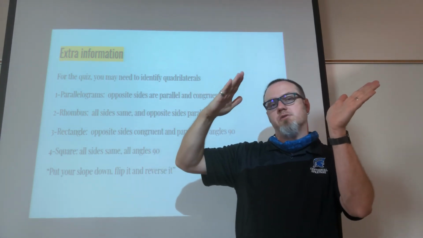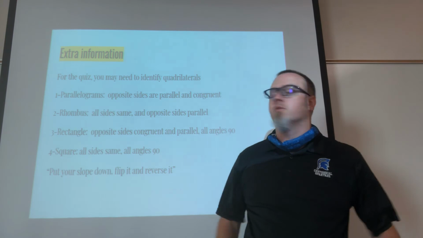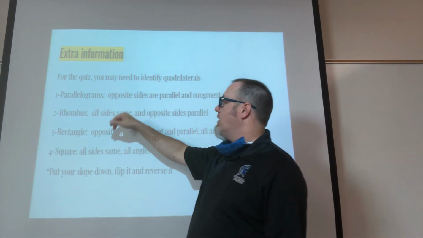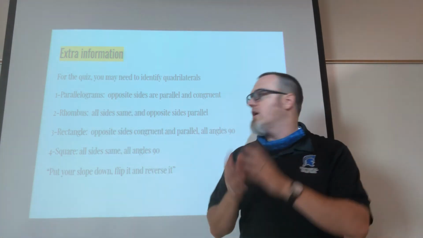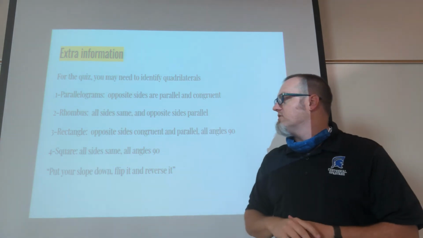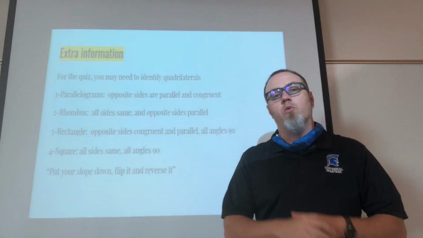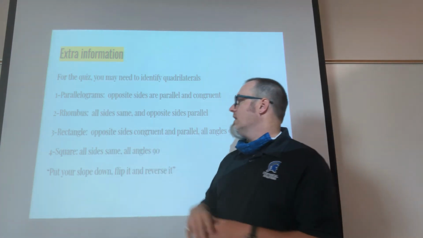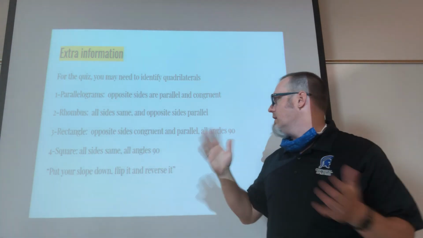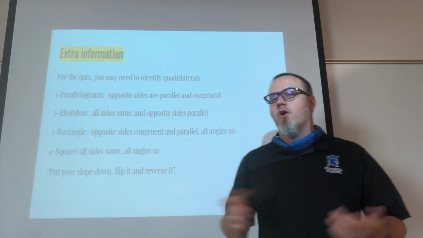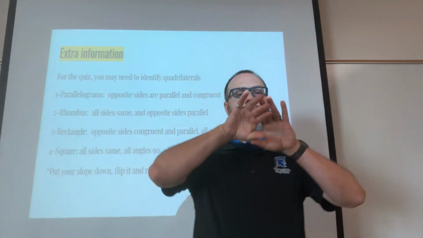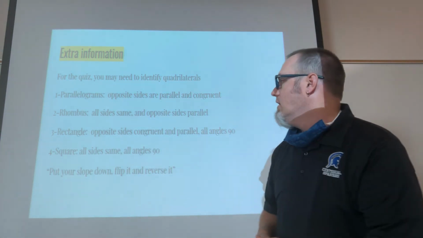So these two sides would be congruent, and the top and bottom would be congruent. For the rhombus, all the sides are the same. All 4 sides are congruent, and the opposite sides are parallel, but we don't have that 90-degree angle like we would in a square. On the rectangle, the opposite sides are congruent, the opposite sides are parallel, and all of the angles are 90, but not all 4 sides are the same.